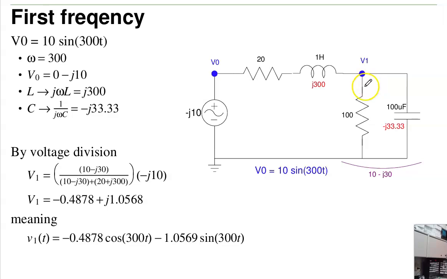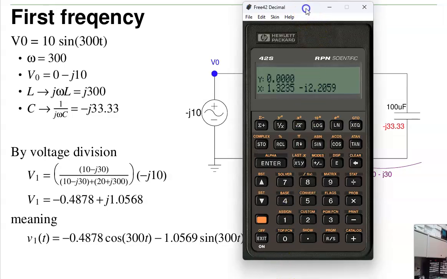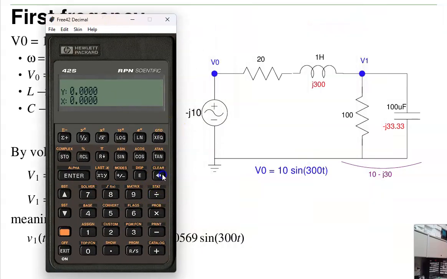Solve for V1. I'm going to use voltage division. Put these two in parallel. 100 in parallel with minus j33 is 10 minus j30. I can kind of show you that. So here's 100, inverse, 0, enter, 33.3333.